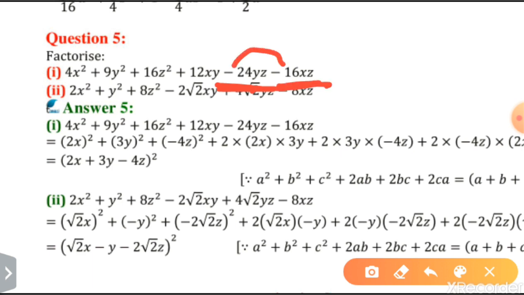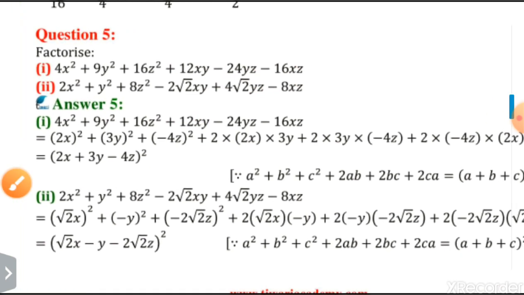So what you have to do, you have to see what the common variable in these two is, and you can see that z is the common variable among these two. So in the place of z, only the z will be negative, because we have already seen that in these two terms the negative sign is there and the common variable is z. So in the place of z we will apply only the negative sign.